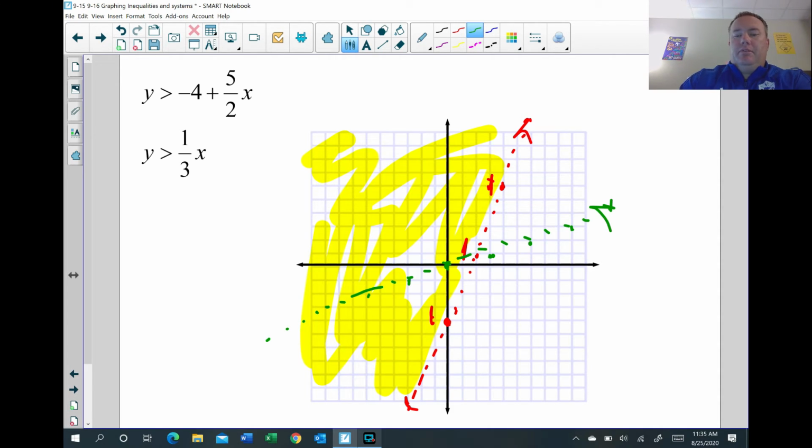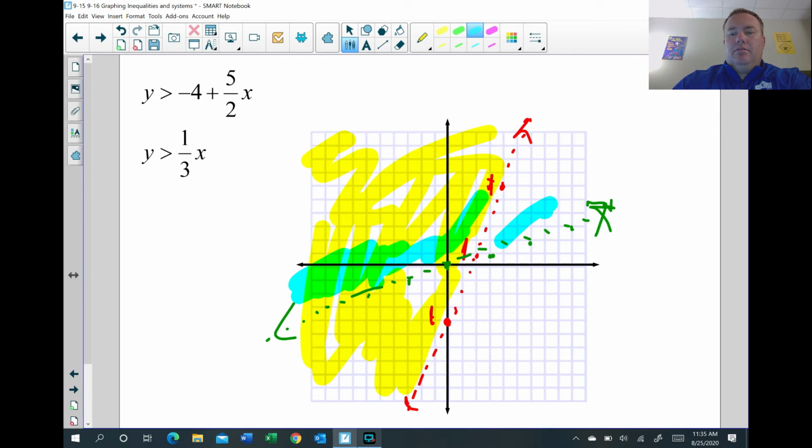Alright, so we have a line that looks a little bit like this. Okay, and from here, we are going to shade up. So drawing up arrows, you're going to come from here, you're going to shade this direction. So everything's shaded up.